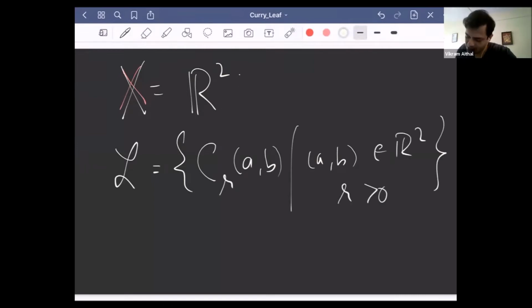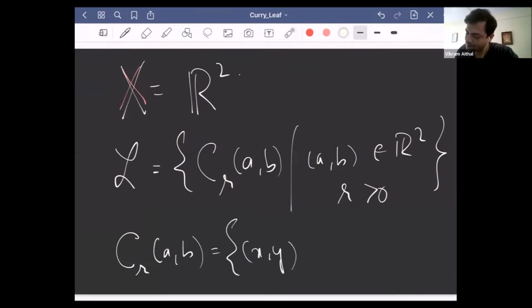This C(A,B,R) is just a circle of radius R centered at A, B. So this is the set of all X, Y such that (X minus A) squared plus (Y minus B) squared equals R squared.